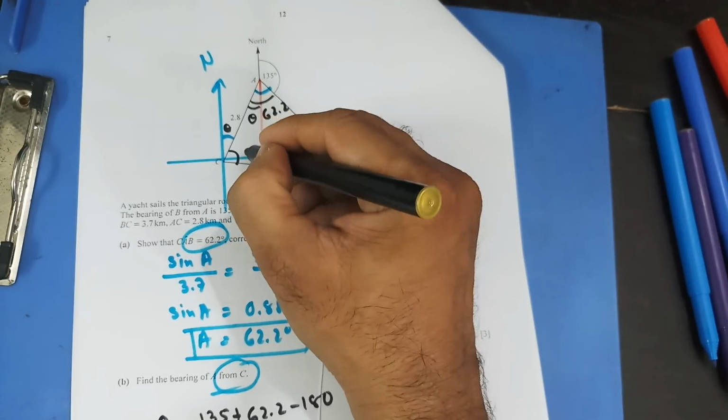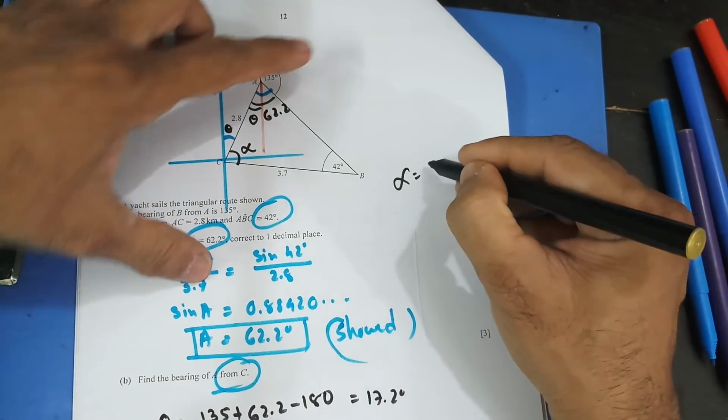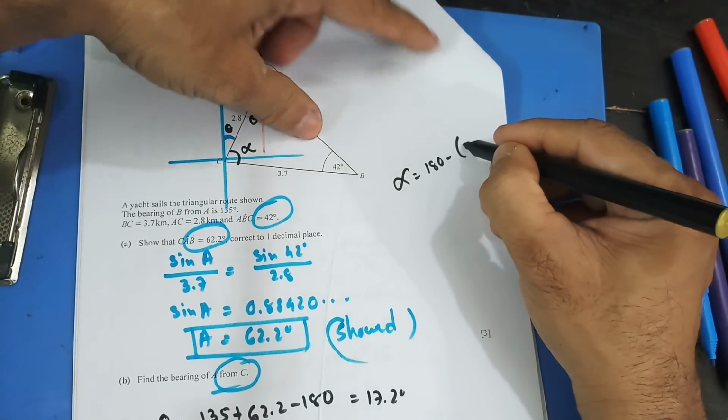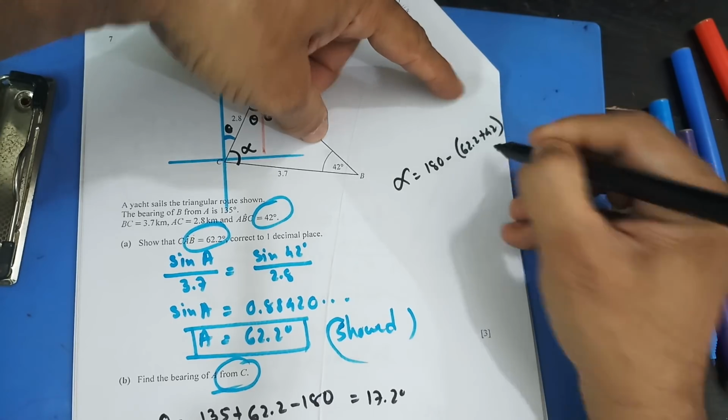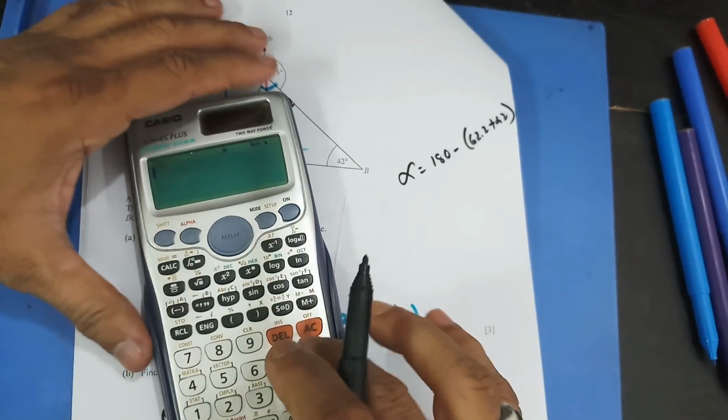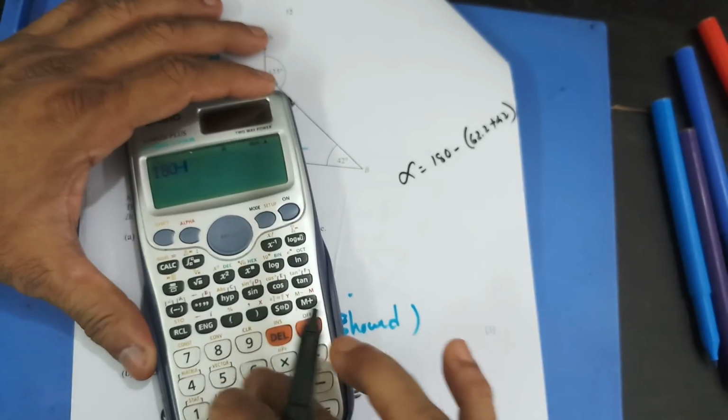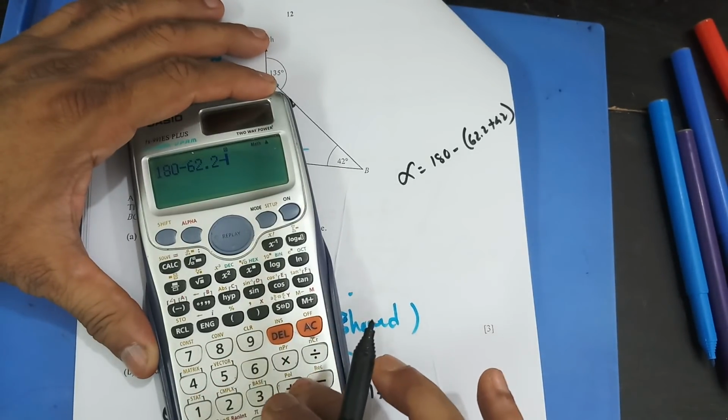I could have used the cosine rule too. If this is alpha, this alpha is supposed to be 180 minus 62.2 minus 42.